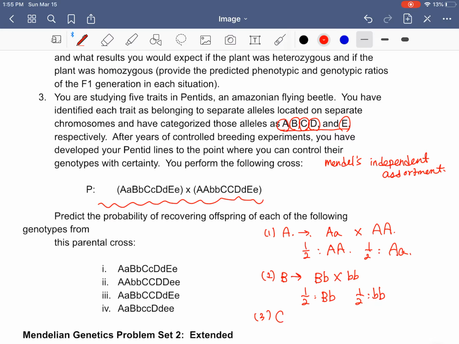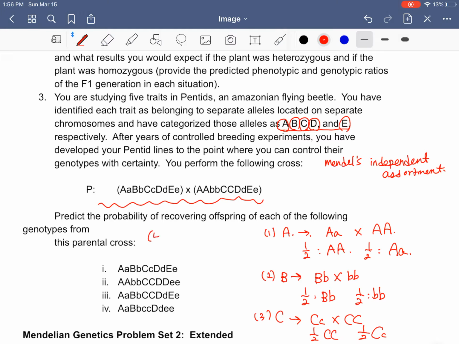Then third, if we look at allele C, we have heterozygous crossed with homozygous dominant, and we have for their offspring 50% homozygous dominant and 50% heterozygous. Okay.